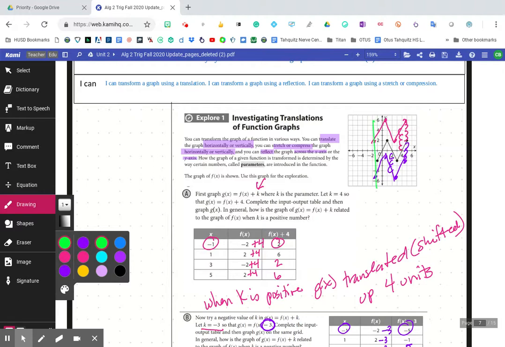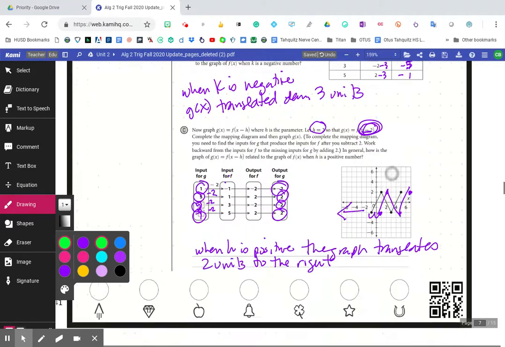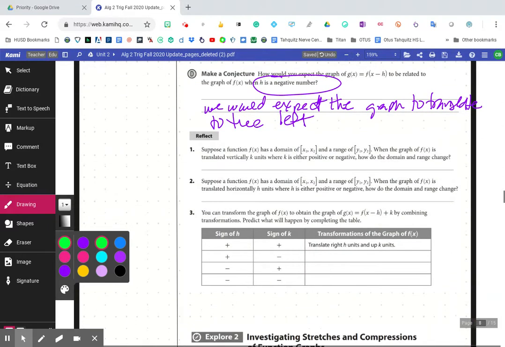They stayed within the same numbers, same domain. But the range values definitely changed. They changed by k units. So range values would change by k units.